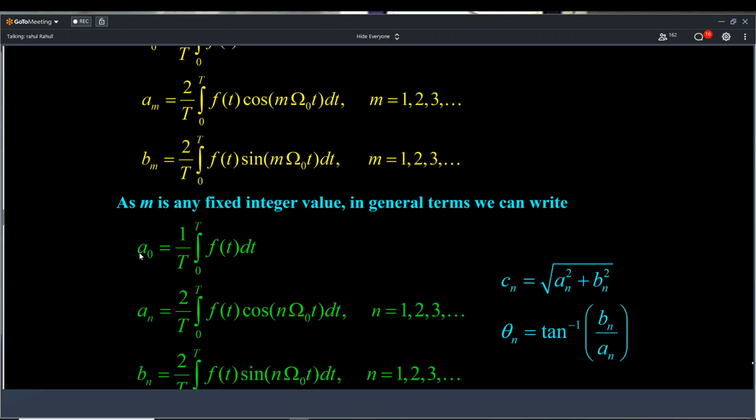If you observe these three, A0, An and Bn, they also have scalar multiplication coefficients, that is 1 by T, 2 by T and 2 by T. If they are not so important, then what are these coefficients doing here in A0, An and Bn? Can we remove them?